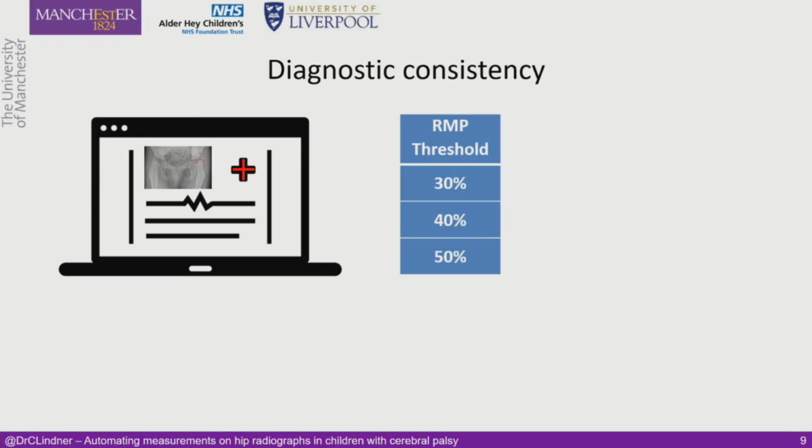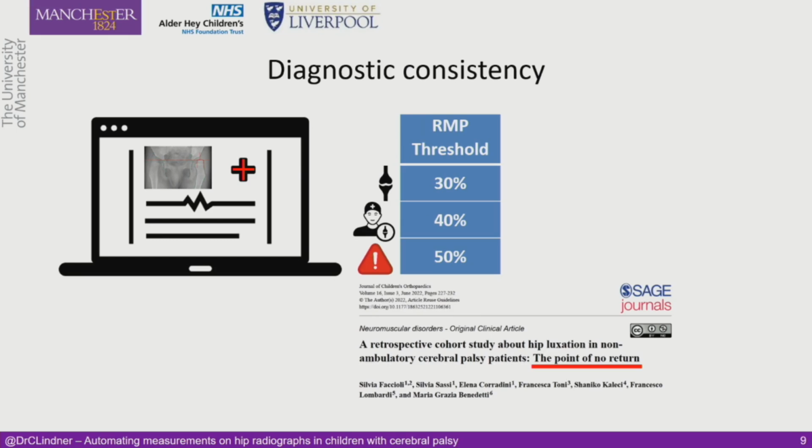First, whether the ramus migration percentage was larger than 30%, which indicates referral to the orthopedic department; larger than 40%, which might mean considering a surgical intervention; and then identifying hips with a ramus migration percentage larger than 50%, which has recently been identified as a point of no return, which means that if a hip has migrated that much, then it won't go back to normal without surgical intervention.